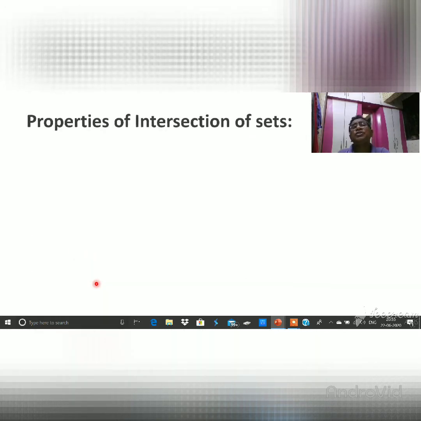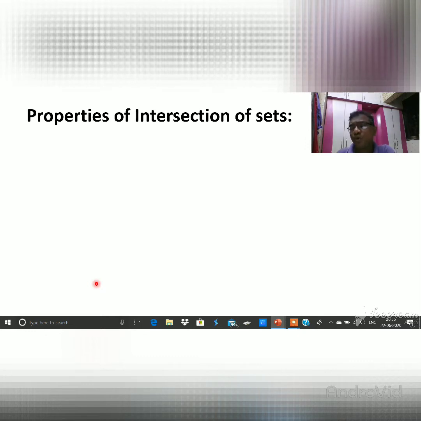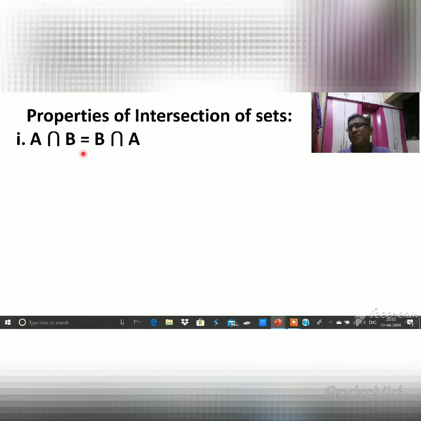Then there is another operation. Before you learn another operation, we must read the properties of intersection of sets. I am saying read because I am only reading that property, and that property you must know. For that purpose I write here: A intersection B is equal to B intersection A. What is the meaning of this?